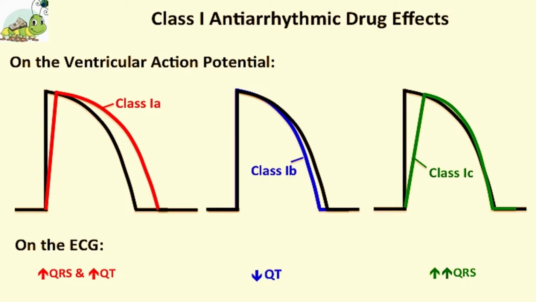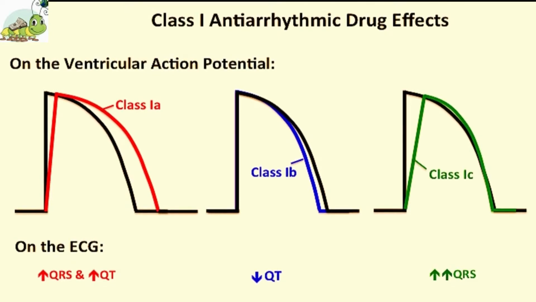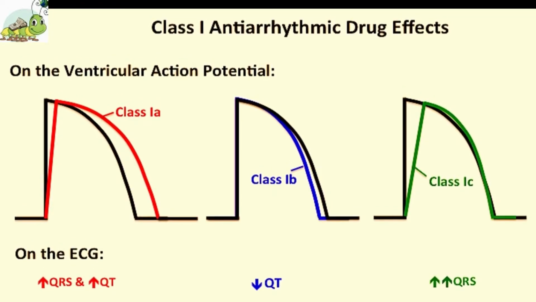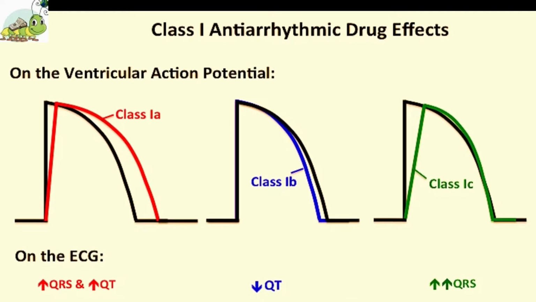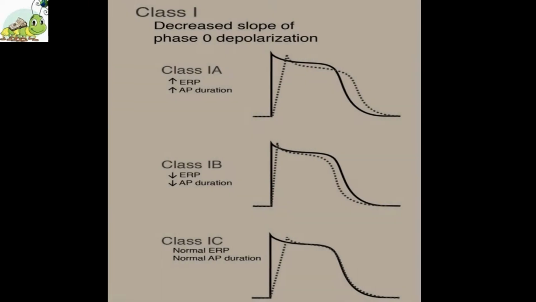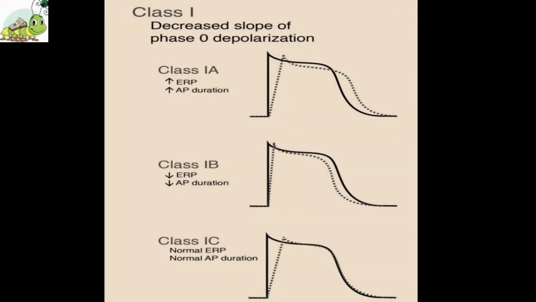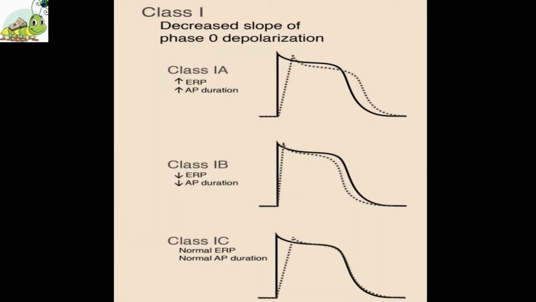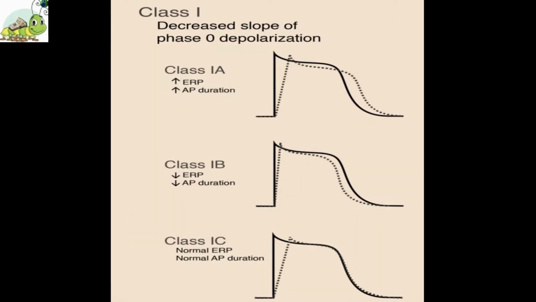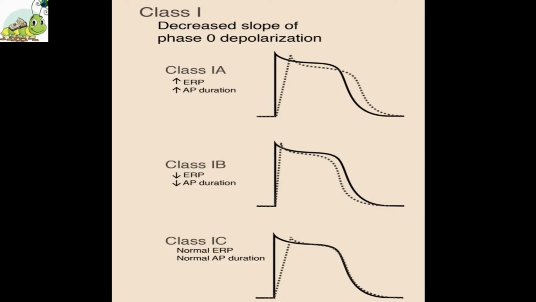Members of this class directly decrease the slope of phase 4 depolarization in pacemaker cells, especially those that arise outside of the sinoatrial node. Second, members of class 1B have a minimal effect on the rate of depolarization and are characterized by their ability to decrease the duration of the action potential and ERP of Purkinje fibers. Members of this class have a minimal effect on conduction velocity in ventricular myocardium and are without apparent effect on refractoriness.